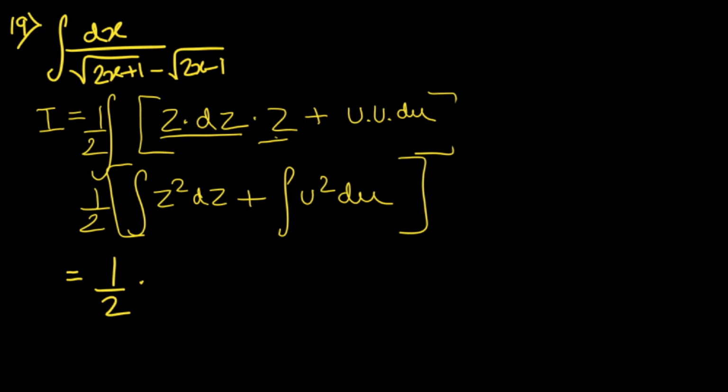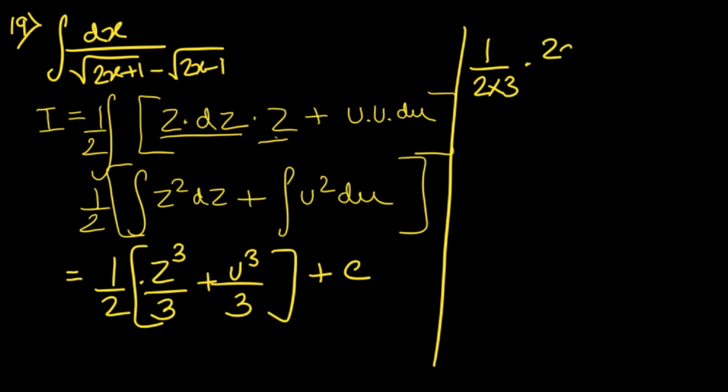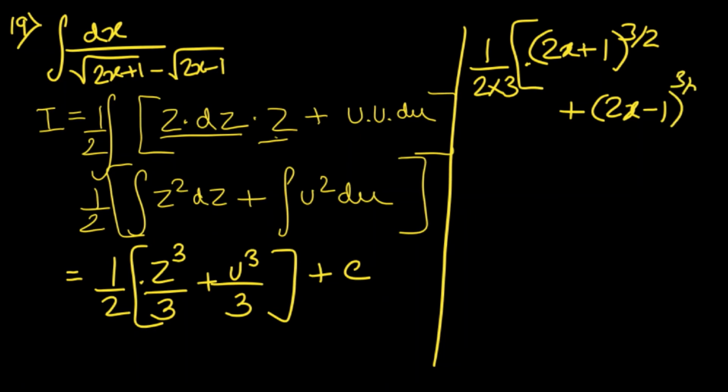So half into z cube by 3 plus u cube by 3 plus c. So we have taken z cube, means z we have taken 2x plus 1, so 1 by 2 into 3 dot 2x plus 1 whole 3 by 2 plus same here 2x minus 1 whole 3 by 2 plus c.